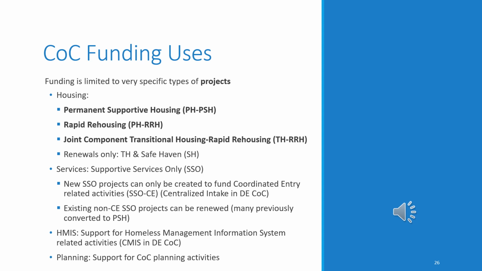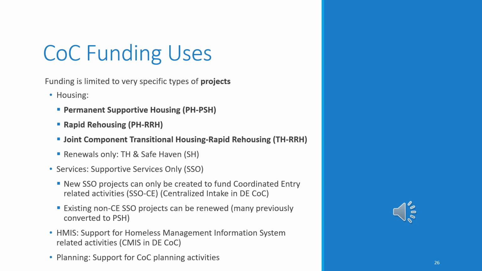In recent years, new SSO projects can only be created to fund coordinated entry related activities. This is known as the SSOCE project type. Existing non-CE SSO projects can be renewed, although many previously converted to permanent supportive housing.